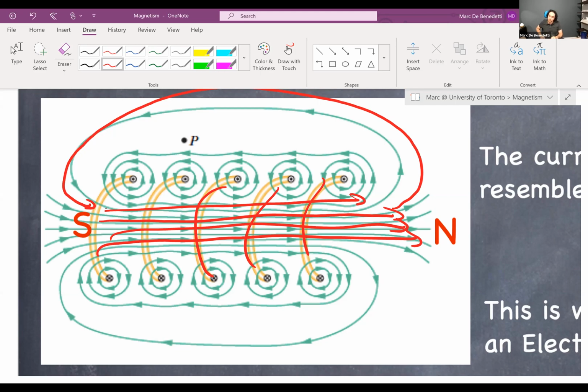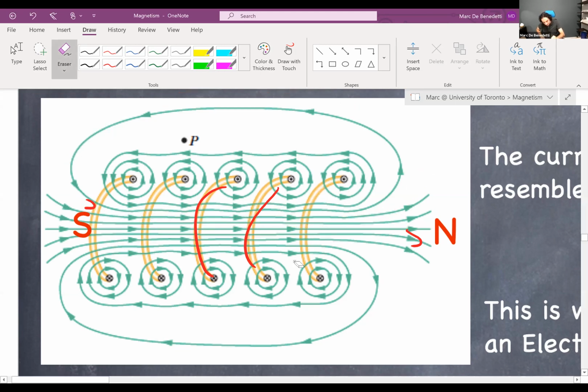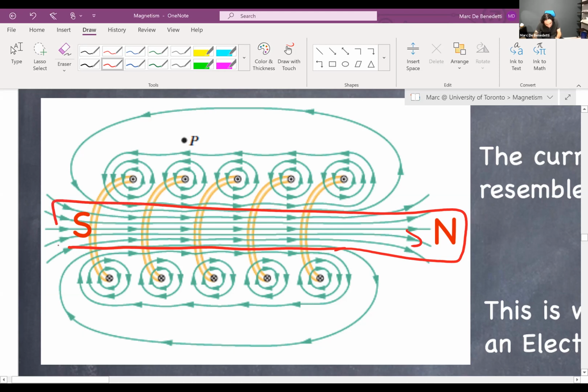Now, this is interesting because this looks exactly like the magnetic field for a bar magnet.